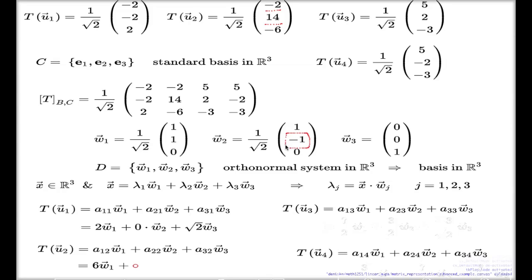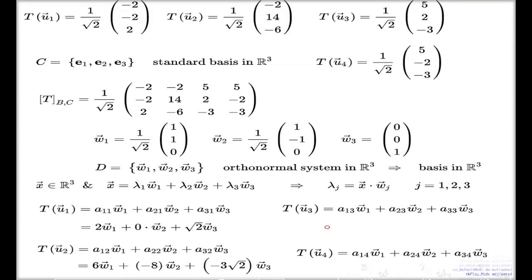So it's negative 16. By 2, it's negative 8. And the last one is just 1 here, so it's negative 6 by root 2. It's negative 3 root 2. Six coefficients found in an instant, only because we're looking at the orthonormal system.